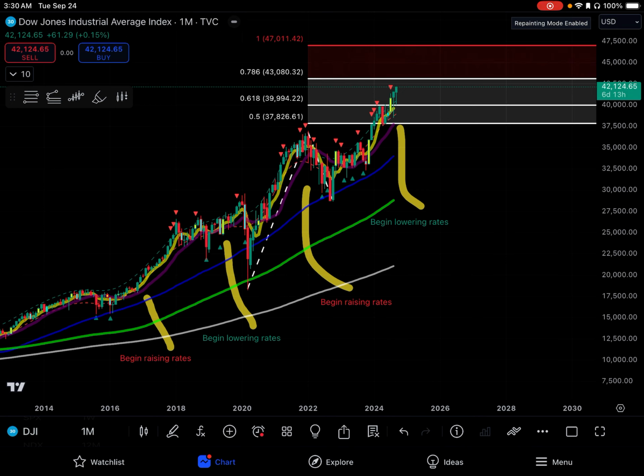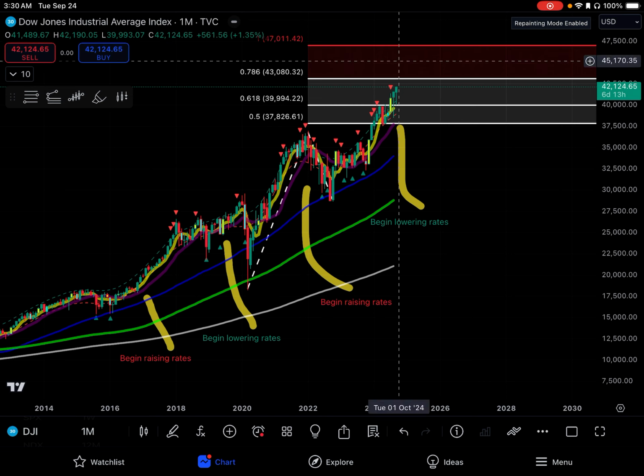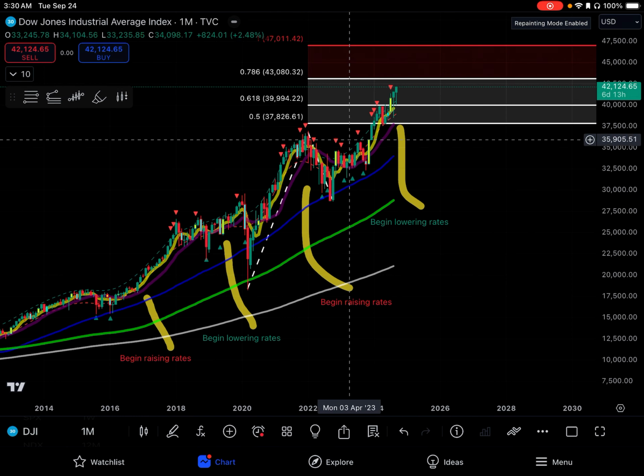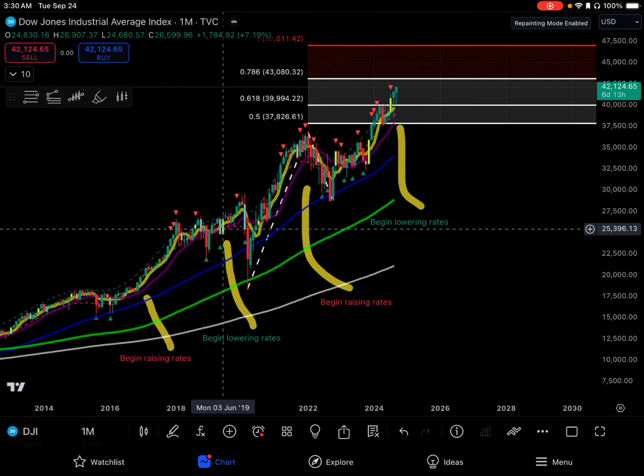So what's interesting that I did notice looking at the data, and I'll show you in a minute on the chart, is this time frame the Fed began lowering rates while we're still in a bull market, which we did see in the last two times.